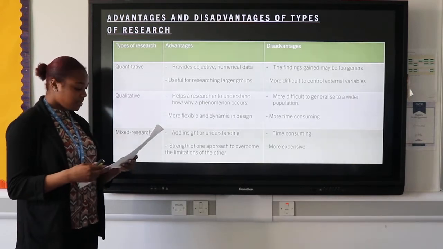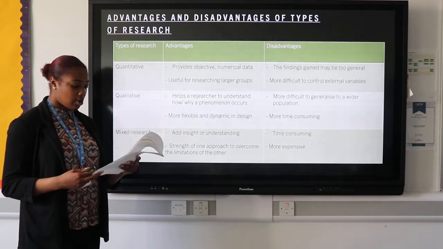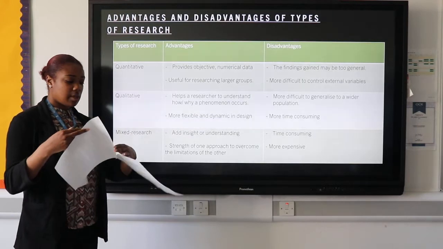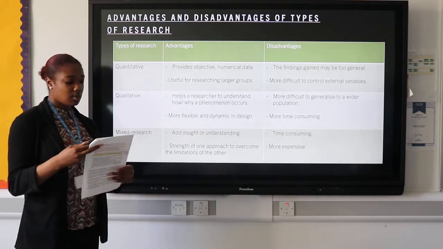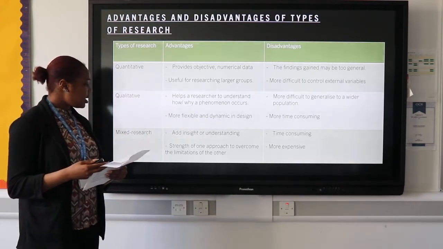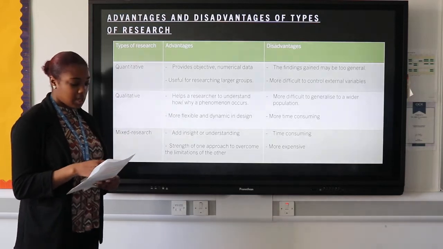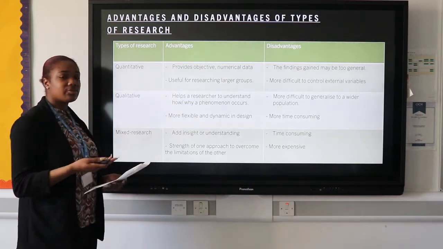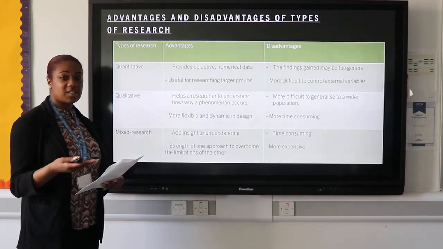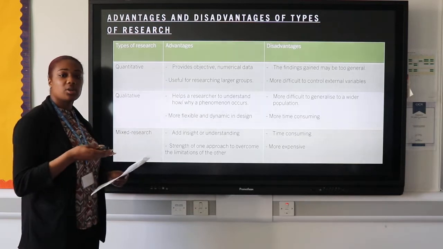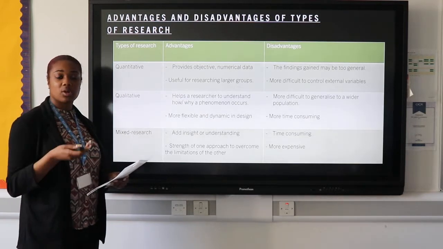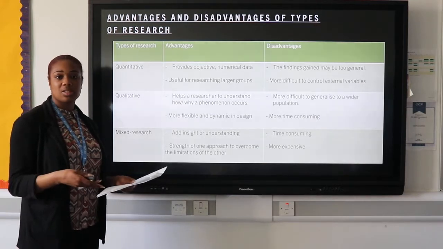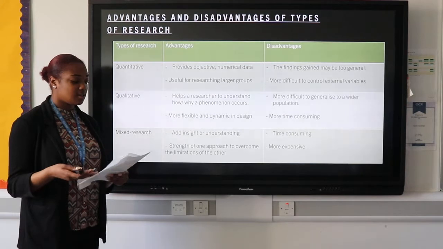An advantage of mixed research is that it can add insight or understanding in comparison to if they just used one method, which may limit them. Another strength is that the strength of one method can overcome the limitations of another. So the quantitative can help overcome the qualitative disadvantages because it is free from bias, whereas qualitative will provide more insight and understanding.